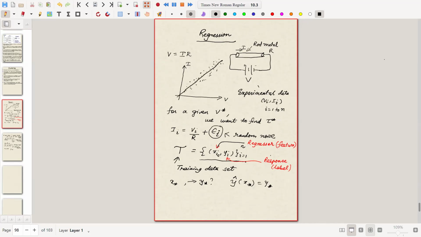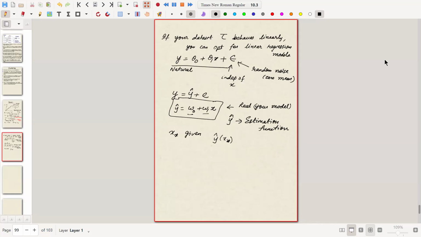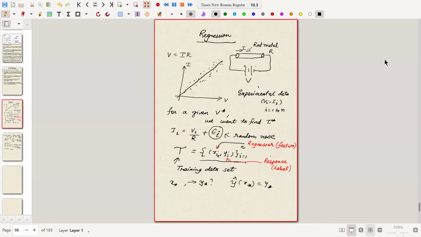Your job is to find the straight line W0 plus W1x. Does it pass through the origin? No, if you put x equal to 0 it does not. I'm just saying an example. Your job is to predict this straight line.